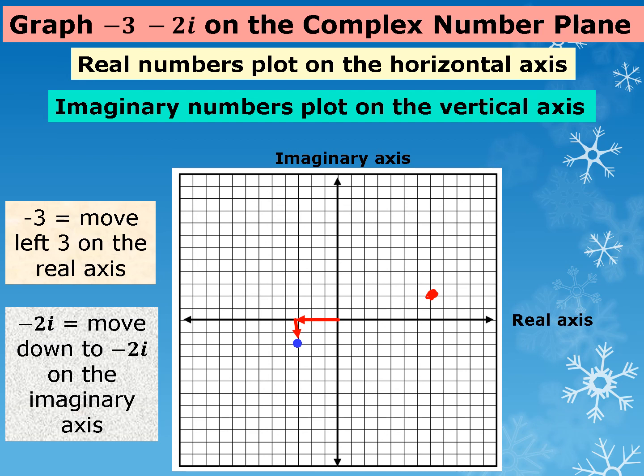Well, you'd go, okay, there's 1, 2, 3, 4, 5, 6, 7. So it's going to be 7, and then I go up 2, so that's going to be plus 2i. So it's really easy to go from the complex number to the point, but you can also go from the point back to the complex number. So the idea is the same there.